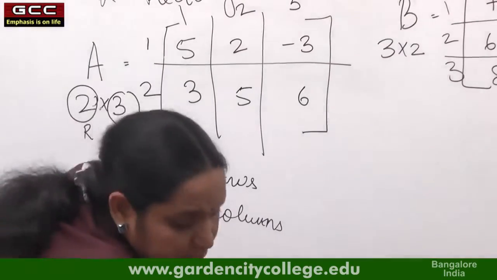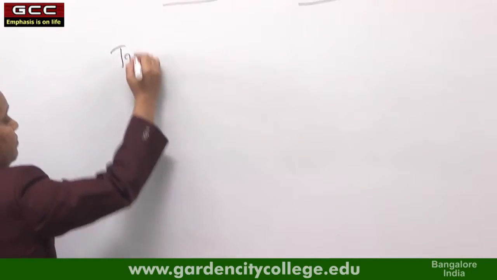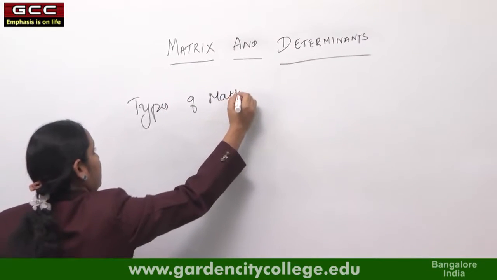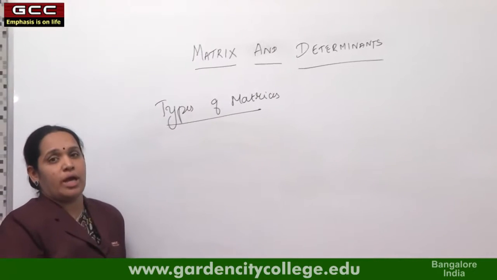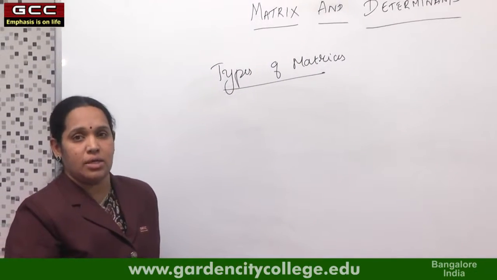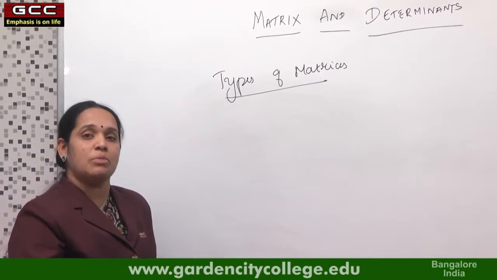Let us go on to the types of matrices. The first matrix I am going to discuss is a row matrix. A row matrix is a matrix which has only one row and any number of columns.